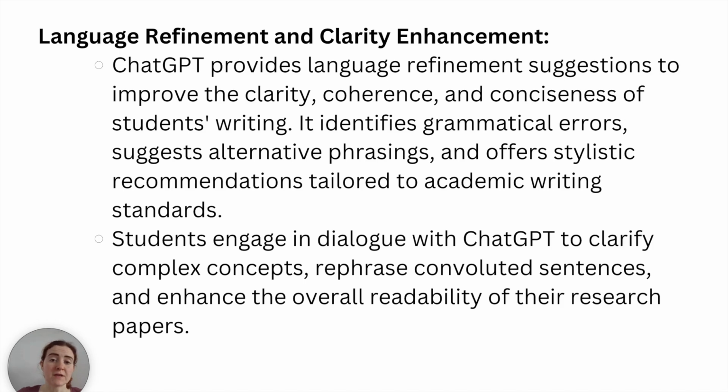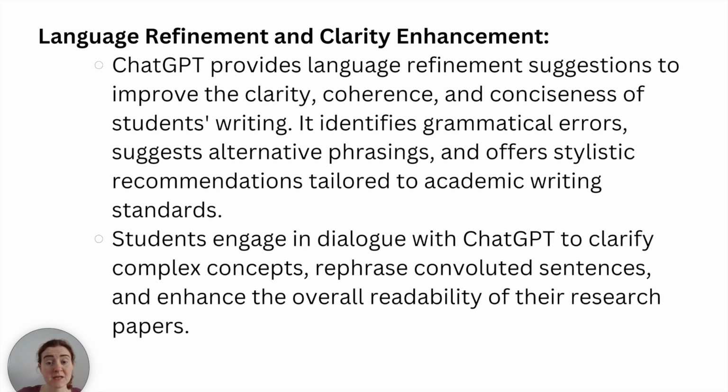Another big benefit to using ChatGPT in an undergraduate research paper is the language refinement and clarity enhancement aspect. So many suggestions can be given by ChatGPT in order to make the paper clearer, more coherent, and more concise, something that students often struggle with.